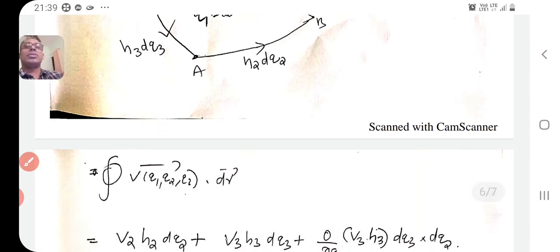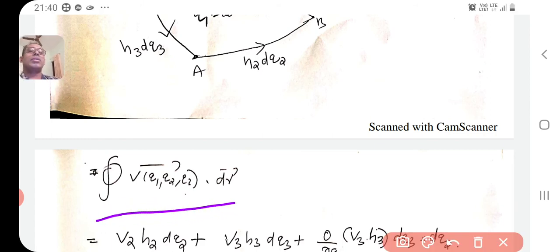So this is written as the integral of V(Q1, Q2, Q3)·dr.